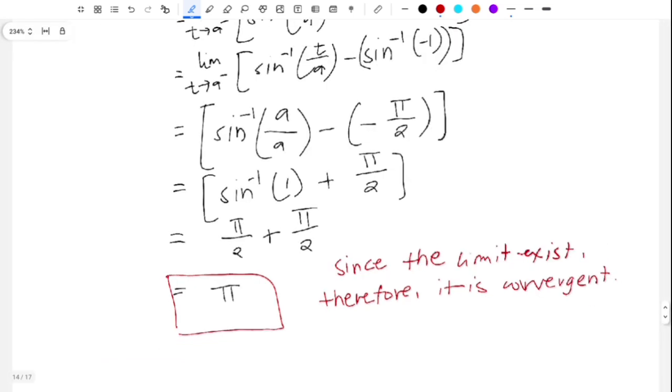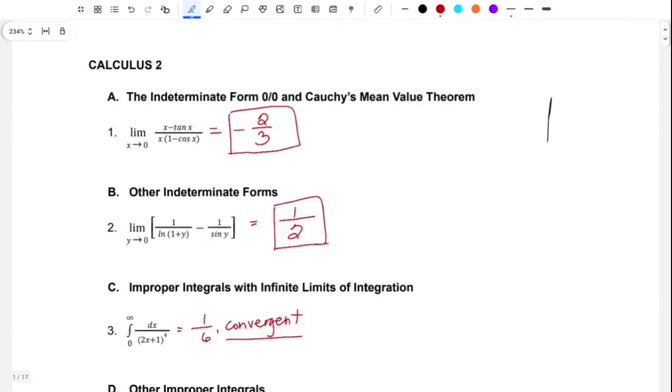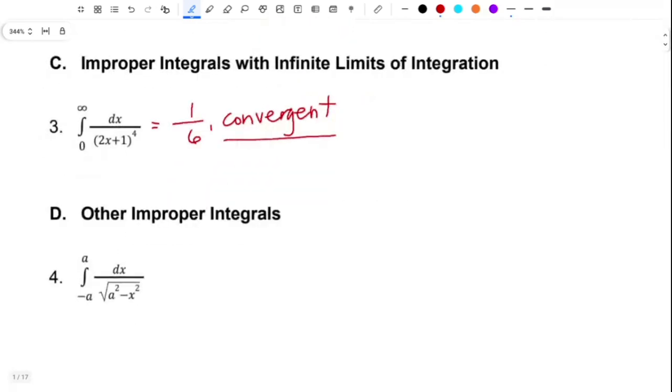Okay, now we got the answer for our last problem, which is not negative, just equal to pi, convergent.